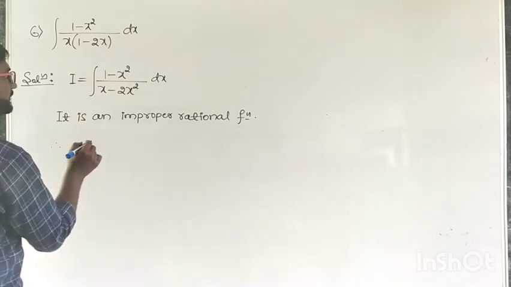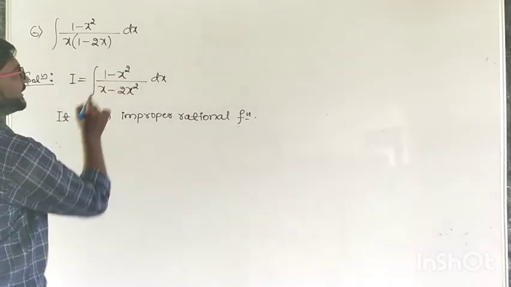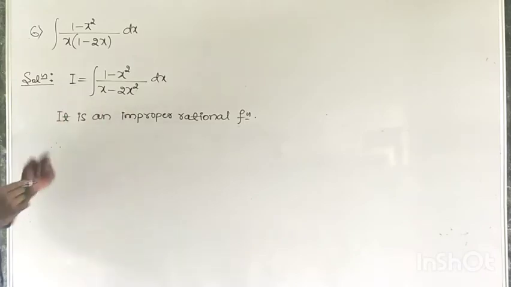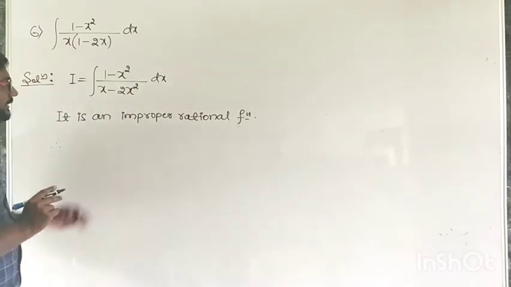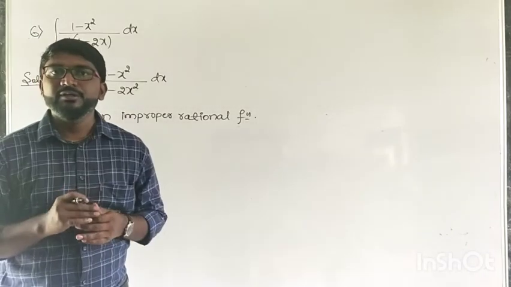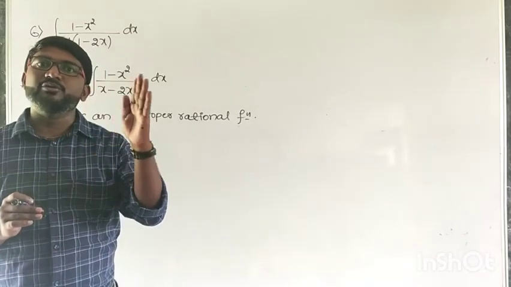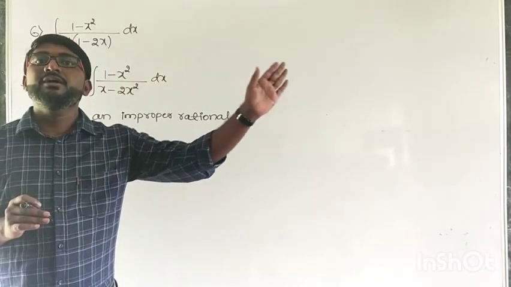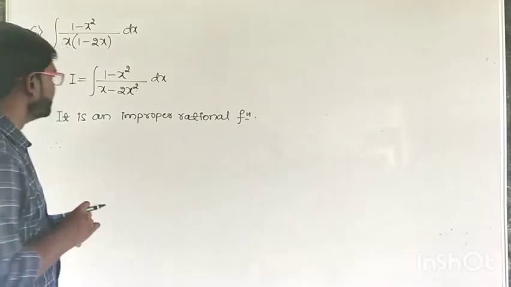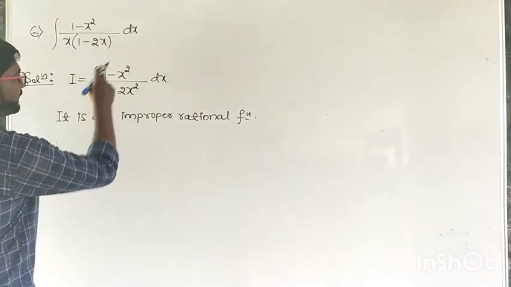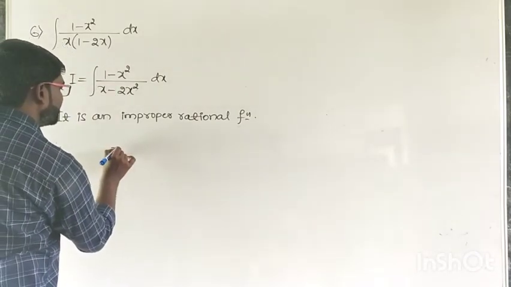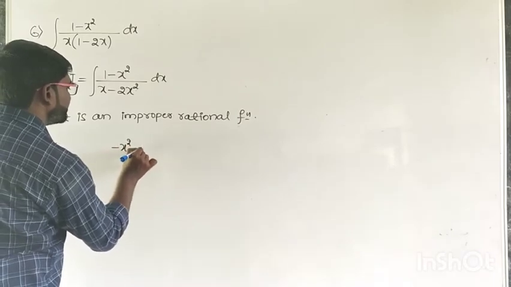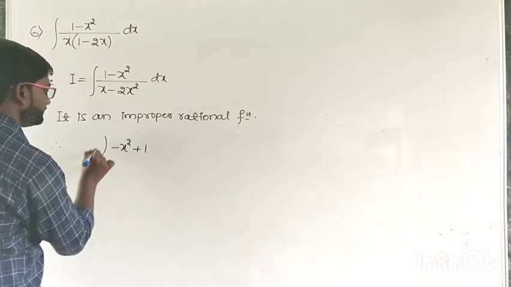Therefore we have to divide the numerator by the denominator. In division we have a rule. First we have to write both the polynomials in the decreasing order of their degrees. So here we are dividing 1 minus x square; I write minus x square plus 1.